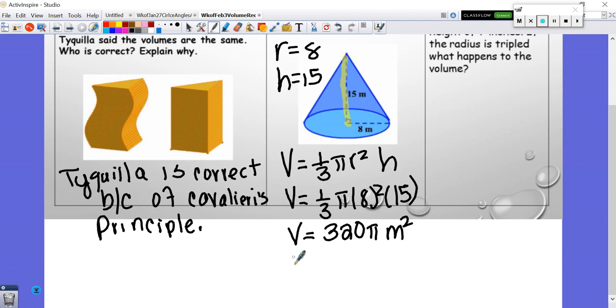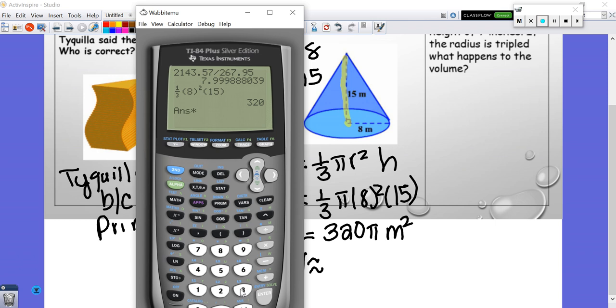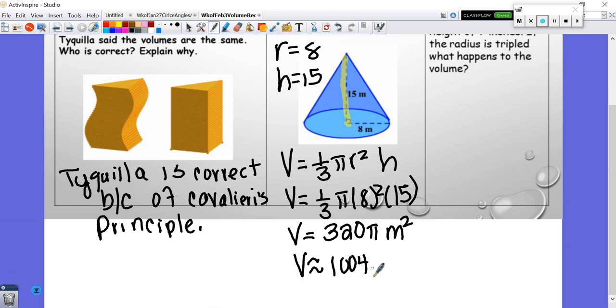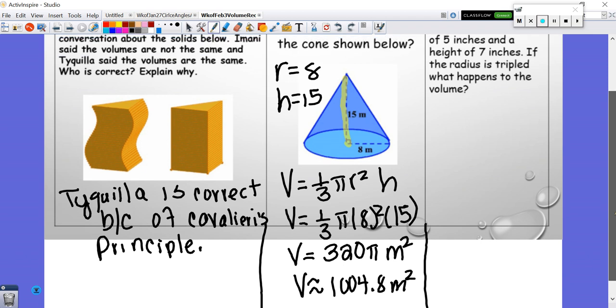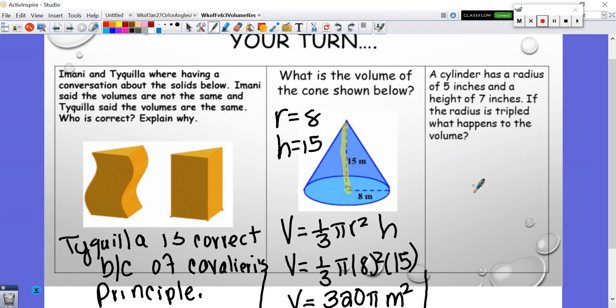And if we want to get the approximate answer, then you take that times 3.14 meters squared. And we are finished with this one, babies. So here we go. These two are our approximate and exact answers.